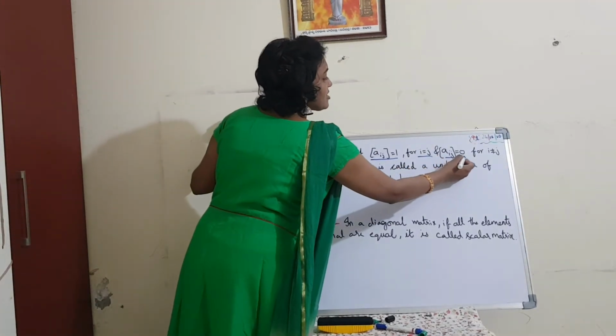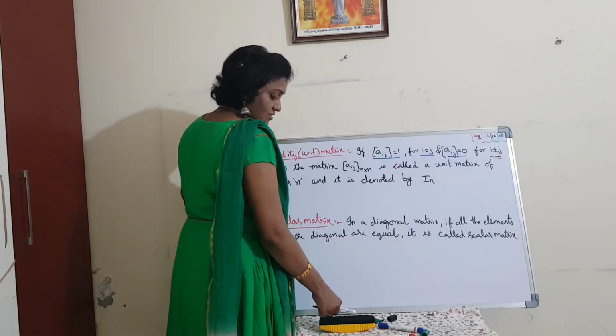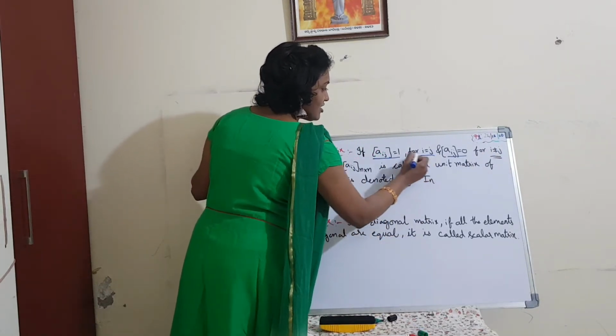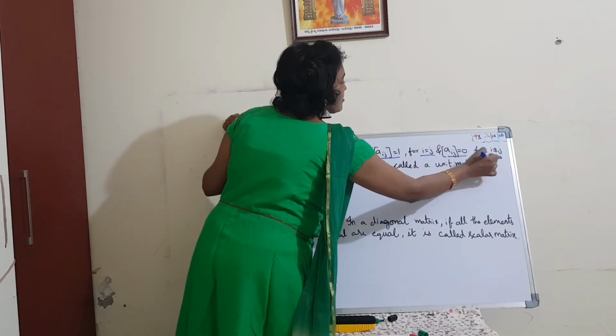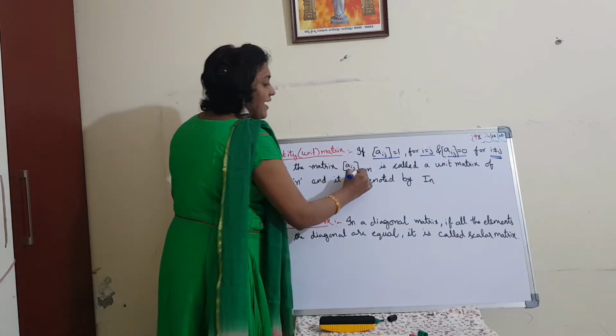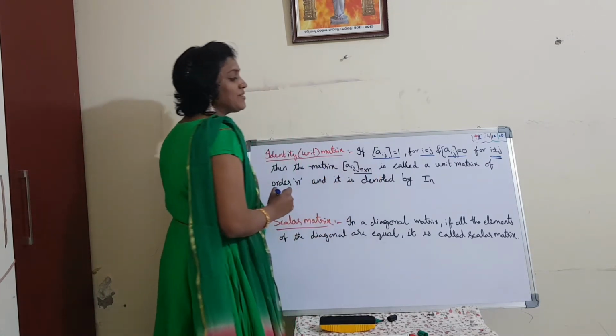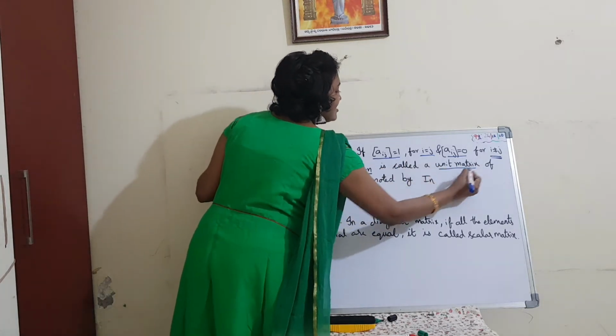Here i = j means what will we get? 1. i not equal to j means what will we get? 0. Then the matrix [aij], n by n, it must be a square matrix, is called the unit matrix.